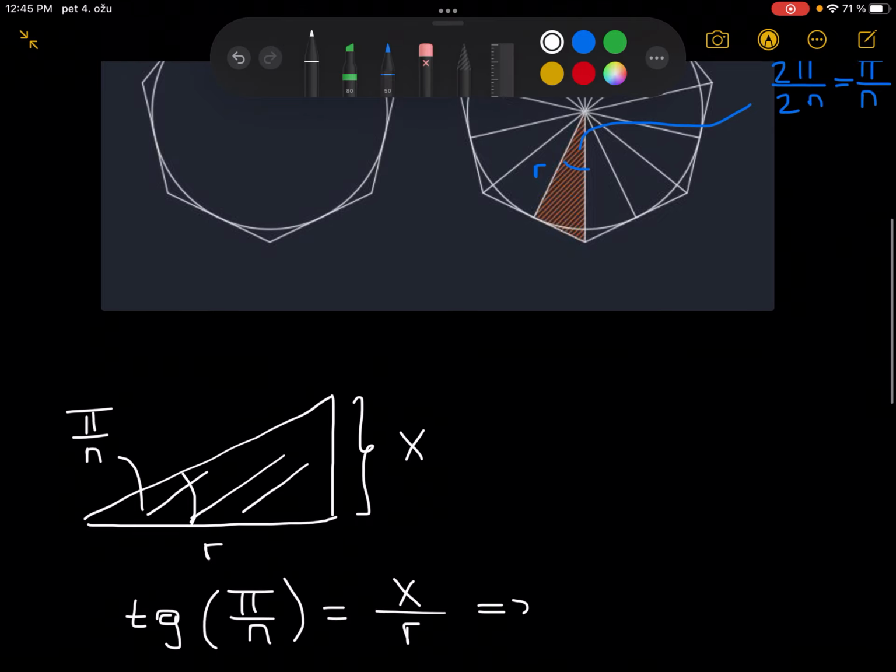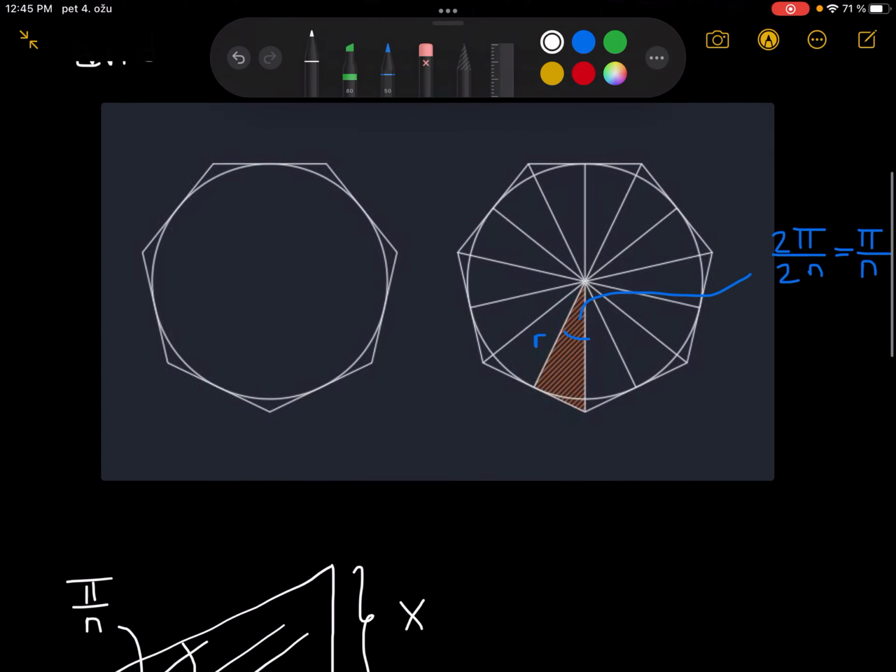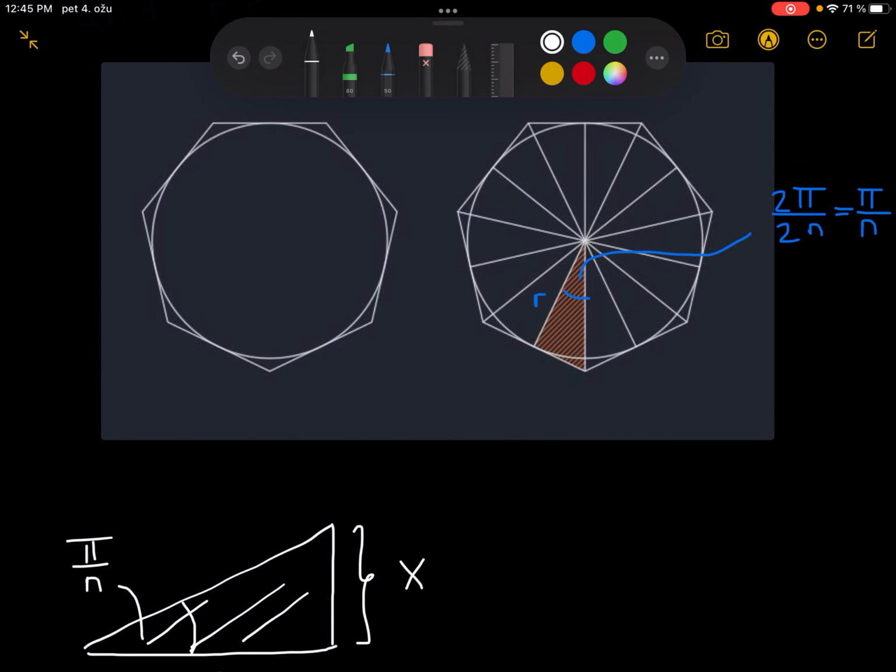Now let's go ahead and do the circumference. And what I want you to notice is that this value here is x, and it's exactly equal to the side of our triangle over 2. And since we know this to be true, that means that this entire length here must be equal to 2 times x.